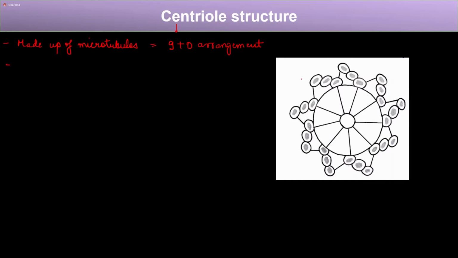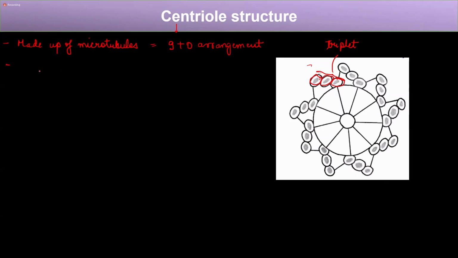The first thing we are seeing is these three structures. These are three microtubules, and they are connected to each other. This structure is known as a triplet. And these triplets are present at the periphery or at the side edges, right?